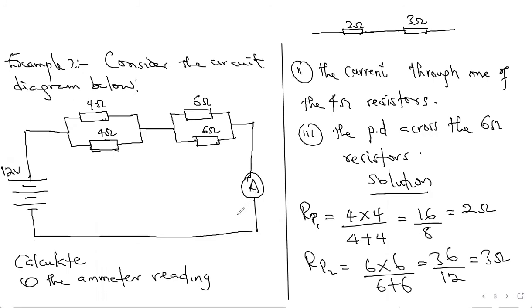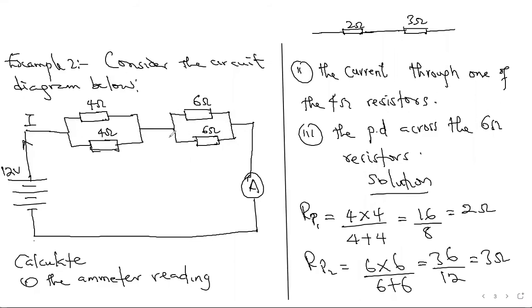Then the next question is the current through one of the 4 ohm resistors. We've gotten the current that flows here as 2.4 amps, which is the total current I. So the I will divide when it gets here, and it will also divide when it gets here.